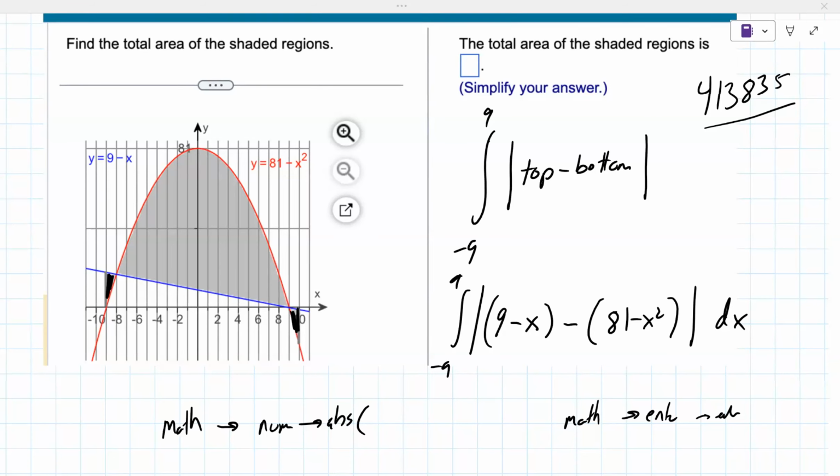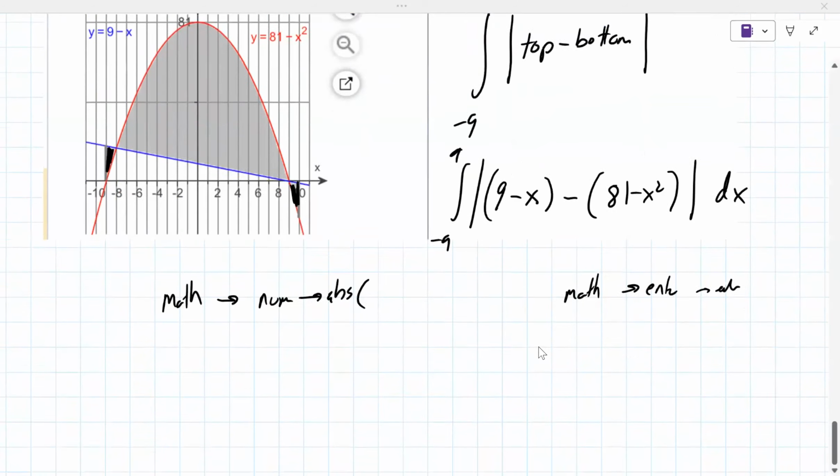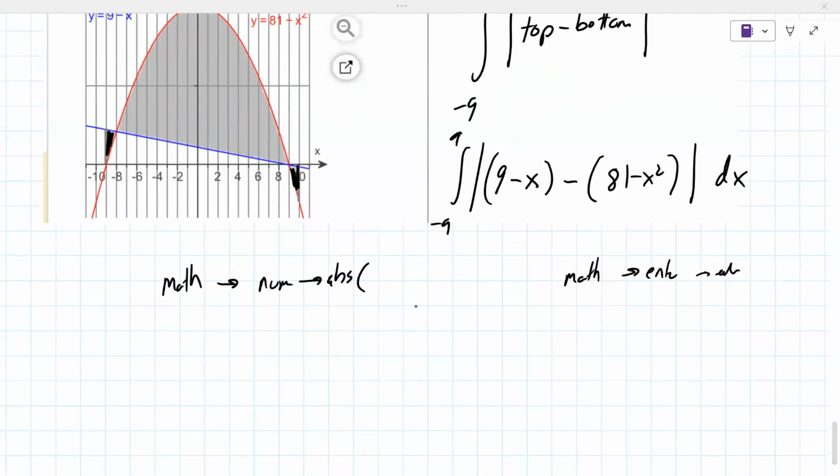I think you have an imbalance. For your integral from -9, does yours put in the vertical bars? Yes, it did. And you have parentheses 9 minus x, close parentheses, minus parentheses 81 minus x squared, close parentheses, from -9 to 9. Yes.